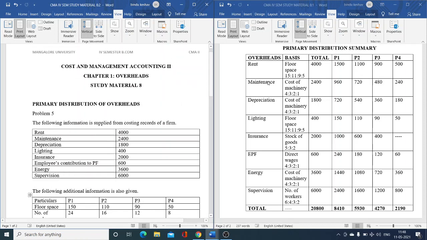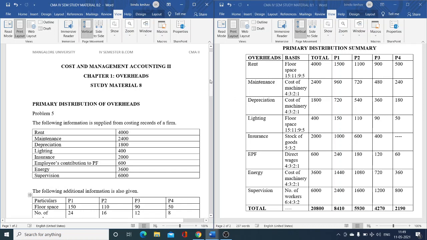Now, the primary distribution summary has to be prepared. The different columns are: the first column overheads, the second one is the basis of apportionment, the next column is total, then the different departments P1, P2, P3 and P4. Here in the problem it's not mentioned which is the production department and which is the service department.